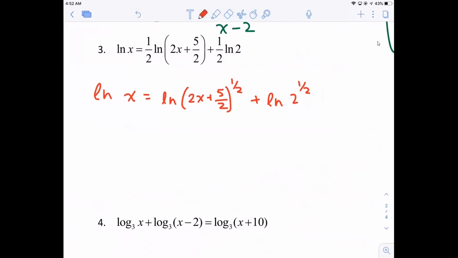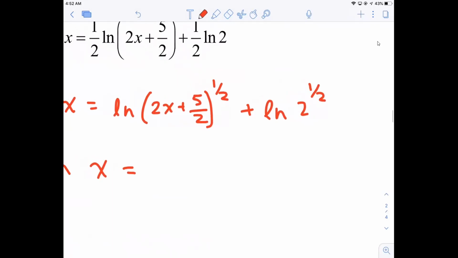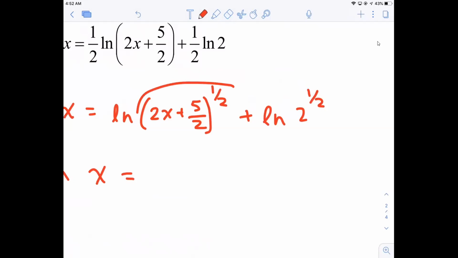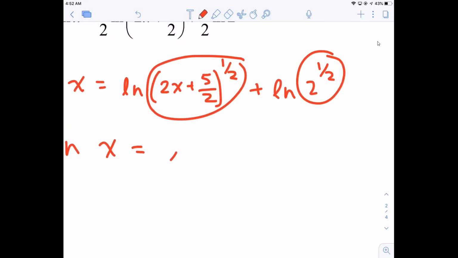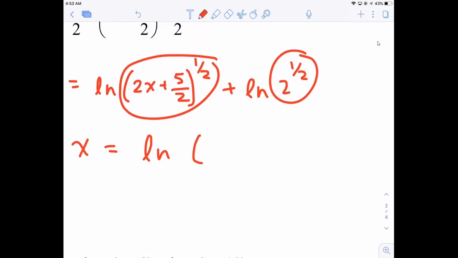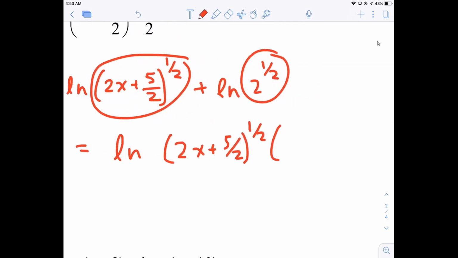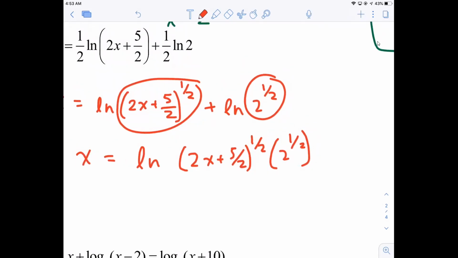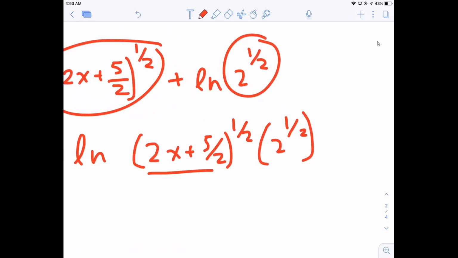All right, so now we got the natural log of x equals, well, I'm adding these two logs so I can multiply the arguments together. That's going to be the natural log of 2x plus 5 over 2 to the 1/2 power times 2 to the 1/2 power. And I could go ahead and multiply the bases together, right?